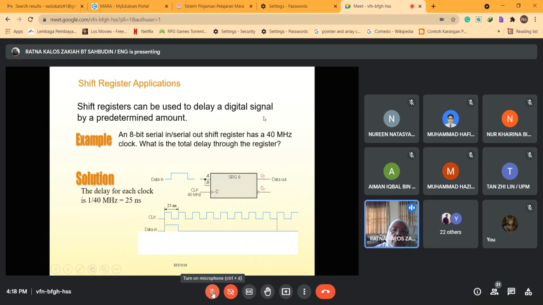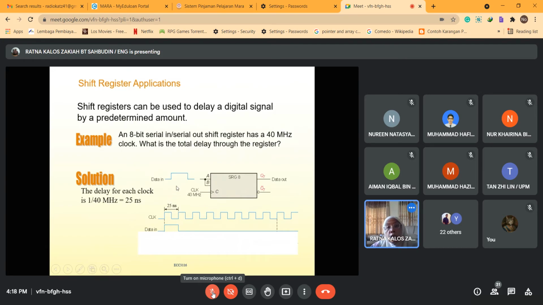First, because this is in hertz, and the question is the total delay, and delay normally is in time, in seconds, you must convert this into seconds first. So the delay for each clock is 1/40 megahertz, which is equal to 25 nanoseconds.